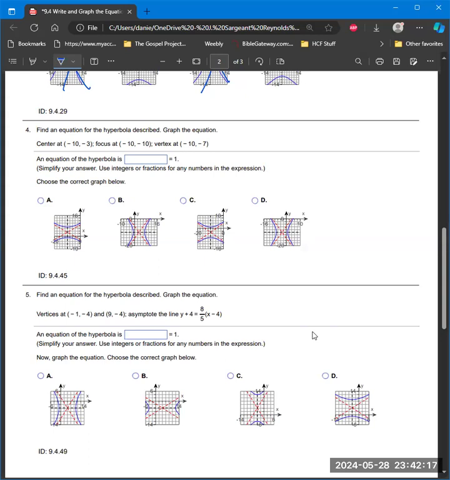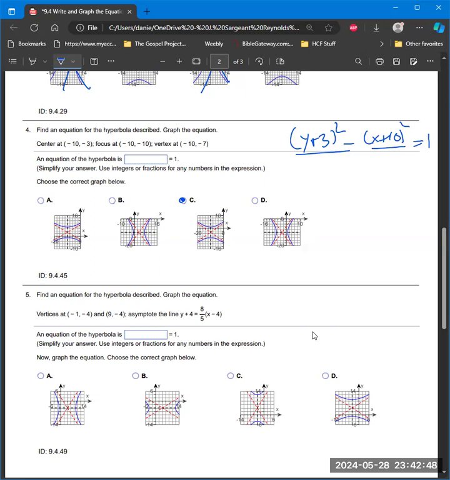That looks like C. And it's going to open up and down here. So this is y squared: y plus 3 squared minus x plus 10 squared equals 1.